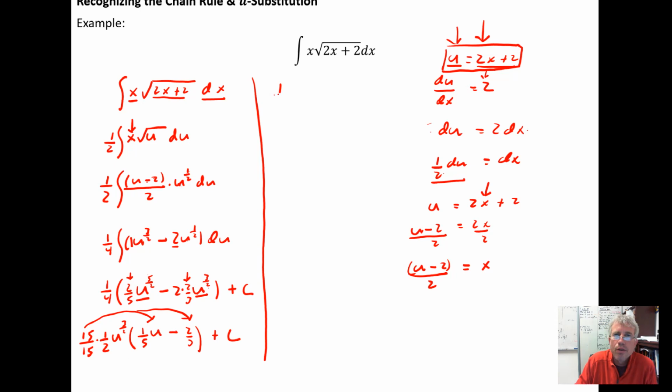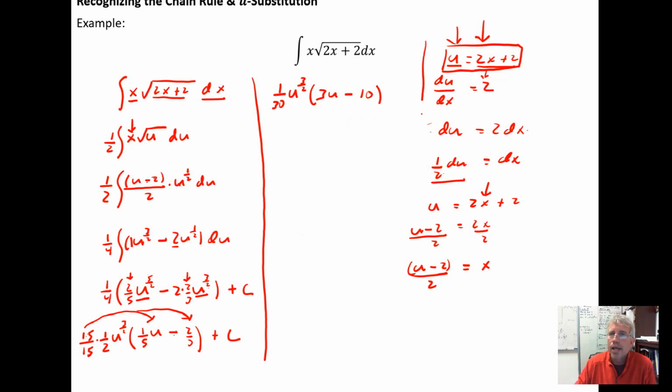So I'm going to have a 1 over 30 u to the 3/2 times, and then I'm going to distribute the 15 into the parentheses. So 15 times 1/5 is 3 times u is 3u, minus 15 times 2/3 is equal to 5 times 2 is 10, so I get minus 10.